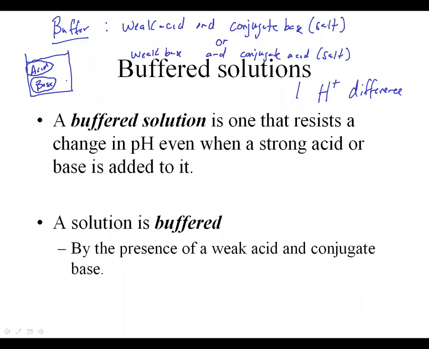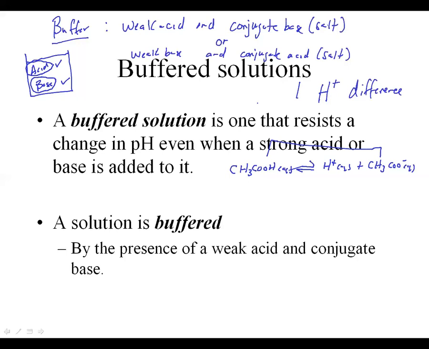And in solution, because it's a weak acid, you actually will have both of these things in there. So your acid part and your base part would be in there together because it's able to set up that equilibrium. So in solution, it's able to have both of those parts in there, the acid part and the base part.